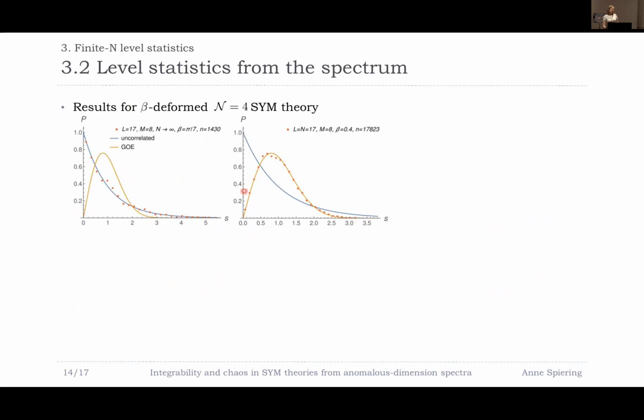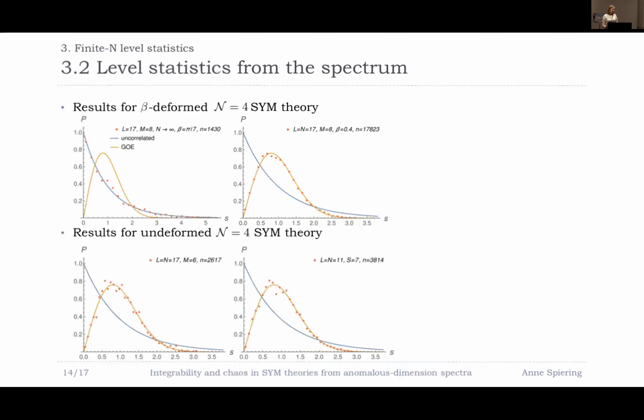And in particular, it is well described by this Gaussian orthogonal ensemble. And we can perform a similar analysis in the undeformed theory. At finite n in the SU2 sector, we find this. So here the statistics is not quite so good, but still you can see that the spectrum is well described by this Gaussian orthogonal ensemble.